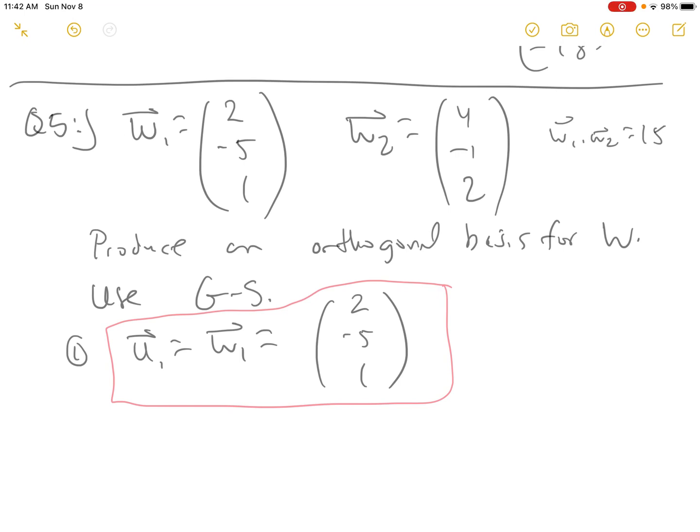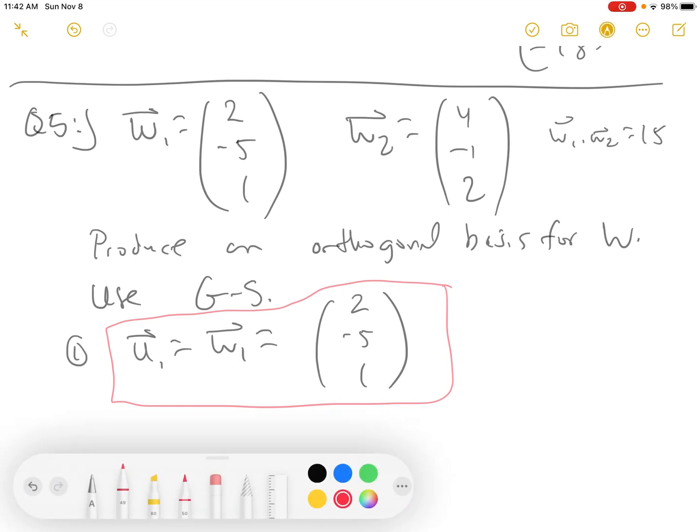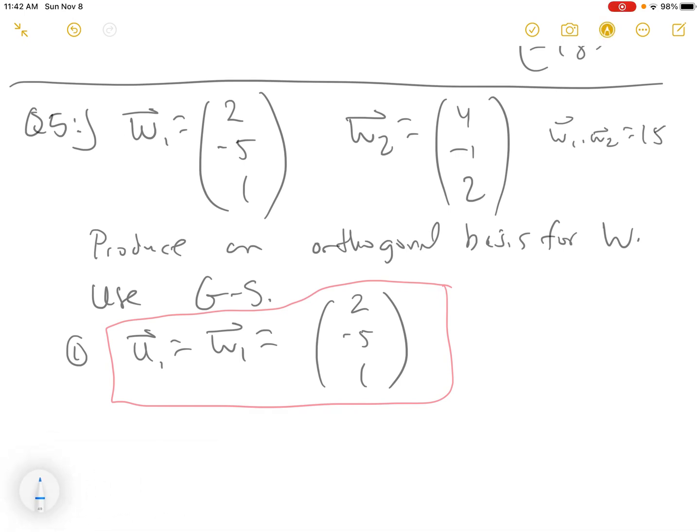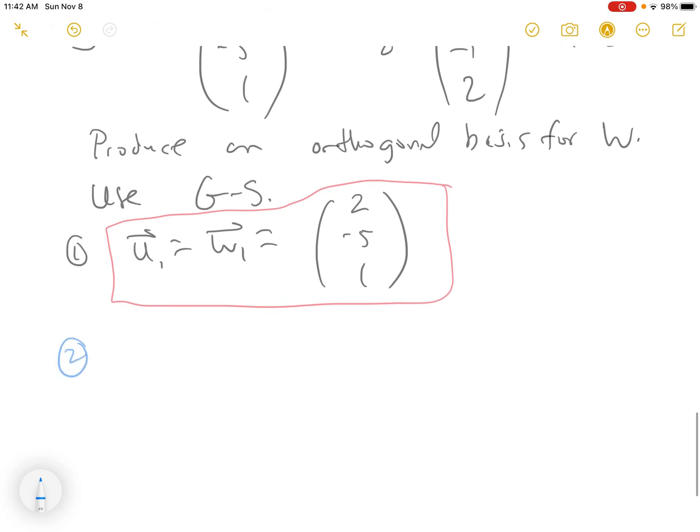And that's one of the two vectors in the orthogonal basis for W. And now we're going to find U2. U2 turns out to be W2 minus W2 dotted with U1 over U1 dotted with itself, times U1.